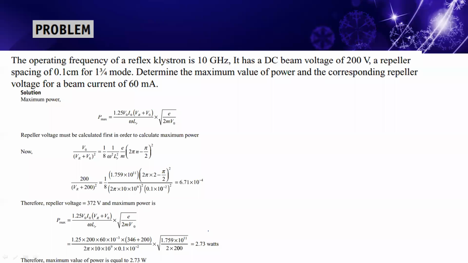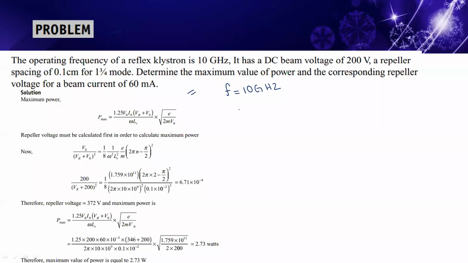Here I mentioned a problem from a two-cavity, previous reflex klystron. Take the problem. The operating frequency of the reflex klystron is 10 gigahertz, so f equals 10 gigahertz.